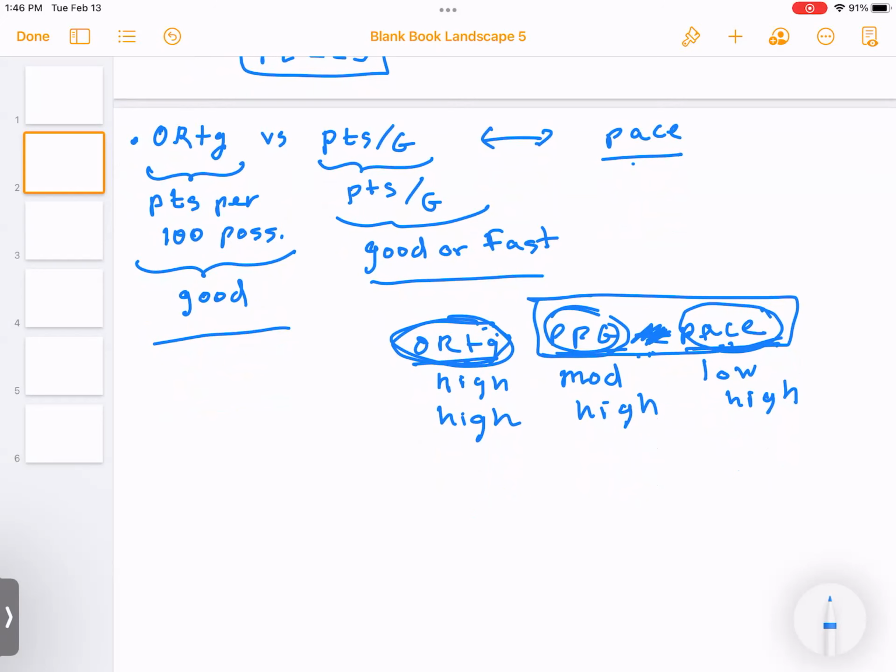Okay, so possessions, like if you wanted to compute something from scratch, I think we did sort of talk about this last time a little bit. So there's a way to get them off the Basketball Reference using pace and, or just using offensive rating and points. Because if offensive rating is points per possession, I know how many points were scored, I can get possession. So let's just say there's two ways.